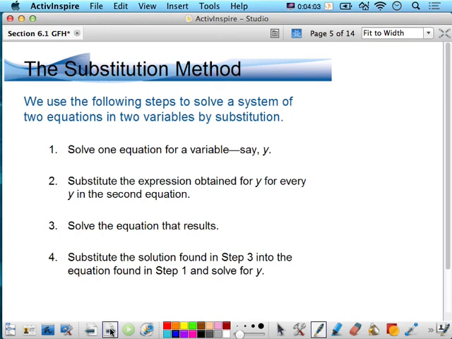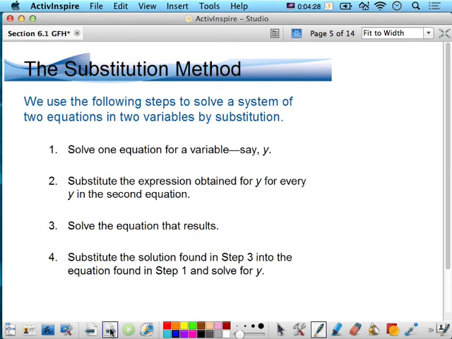Then we'll solve the single variable equation that results, and that will give us one of our answers, either the x or the y, depending on which of the variables you have substituted for. Once you have one of the coordinates of your answer, you can substitute that coordinate into the very first step and find the other coordinate. And that's how the substitution method works.